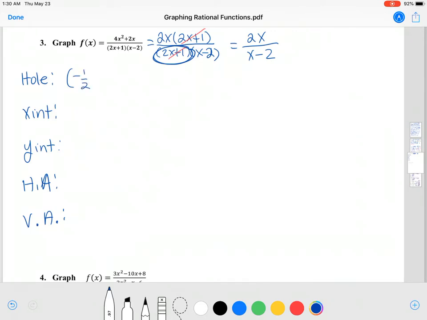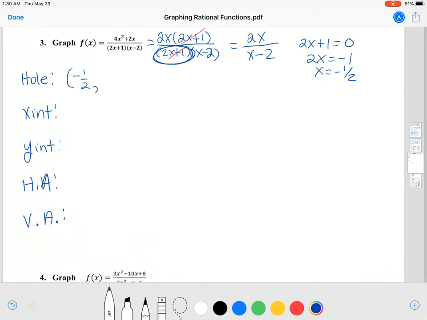Now if you can't do that by looking at it or in your head, just do a quick little scratch work off to the side and just say 2x plus 1 is equal to 0. Subtract 1 from both sides, and then you can divide by 2. And that's where I'm getting the -1/2 from.